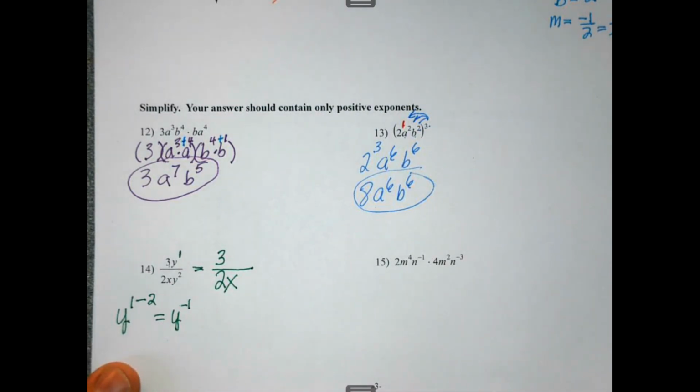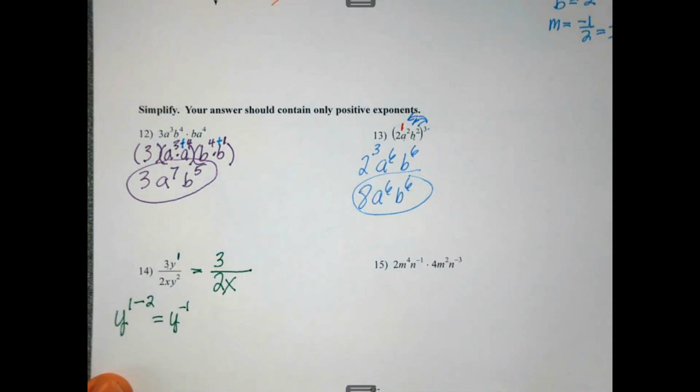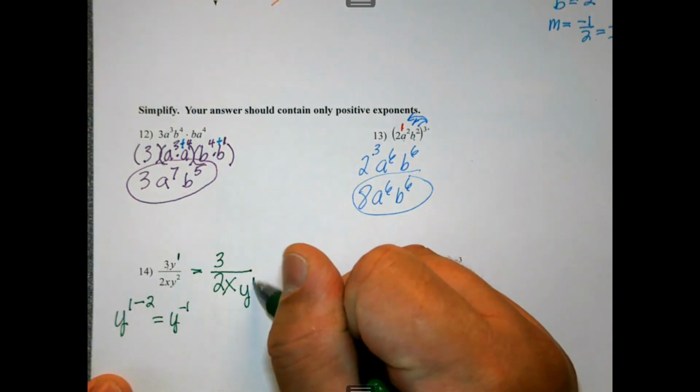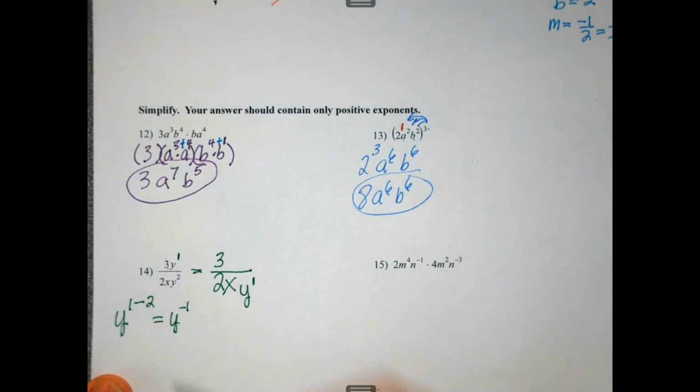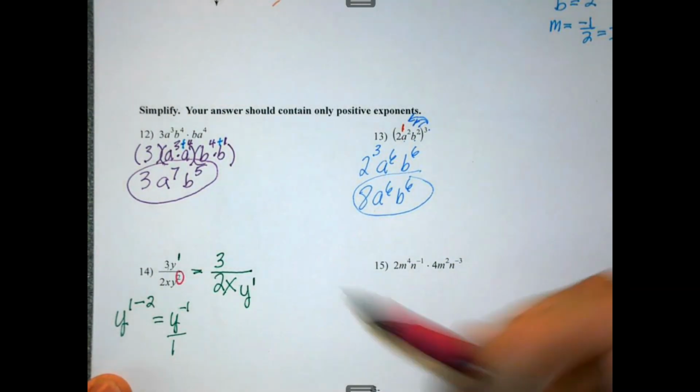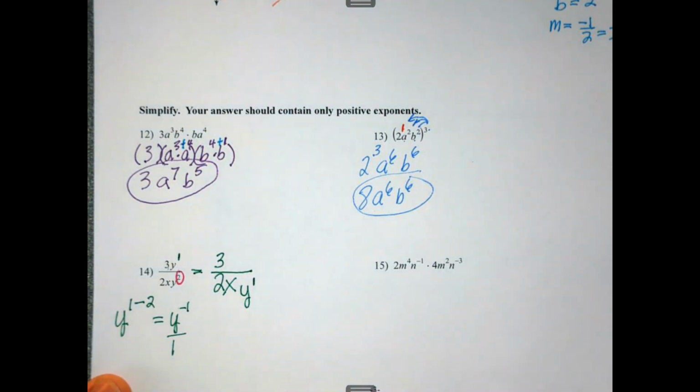Where's that going to go? In the denominator with a positive 1, because think of that as over 1. Also, another way to think about these: my y exponent is bigger in the denominator, so that's where my y is going to end up. Just another way of thinking about it.